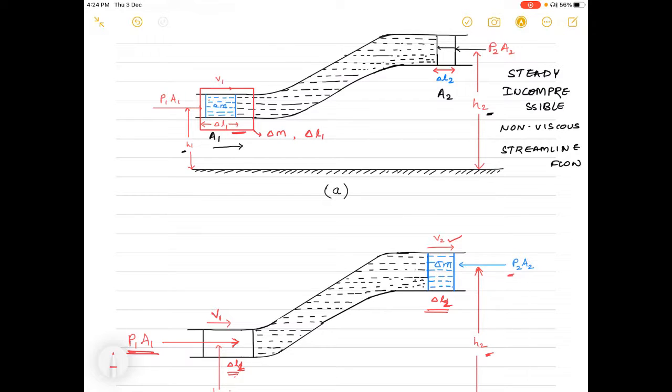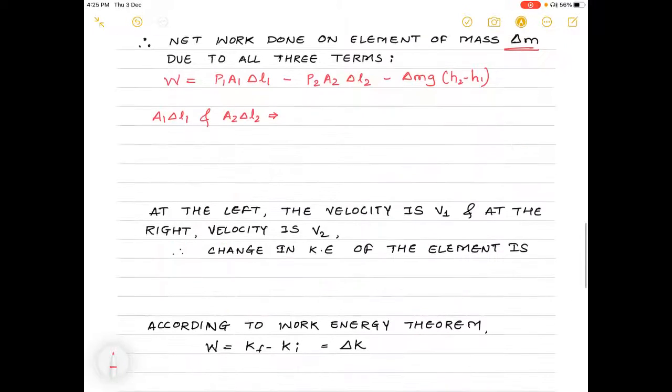It is having a volume of A1 into delta L1 on the left hand side, and its volume is changing to A2 into delta L2 on the right hand side. So we write it down here.